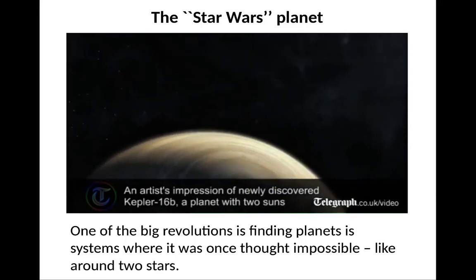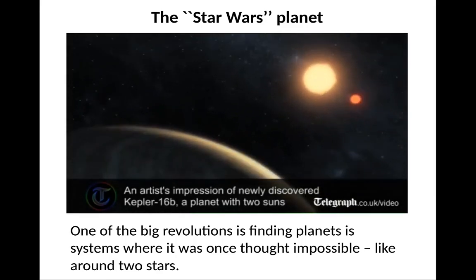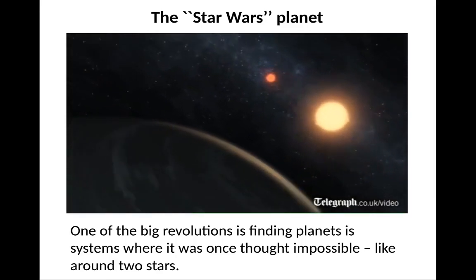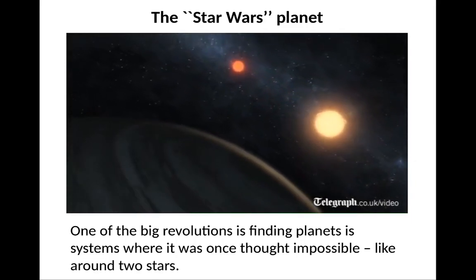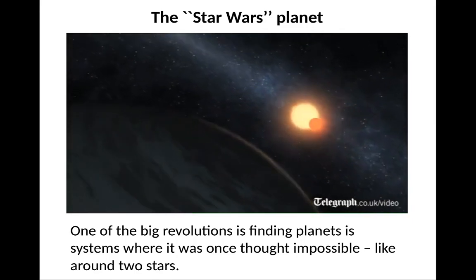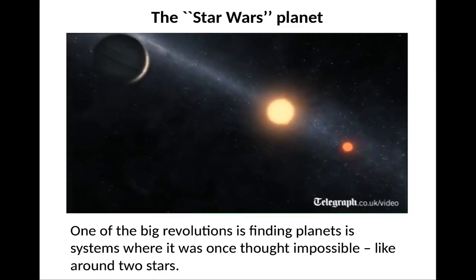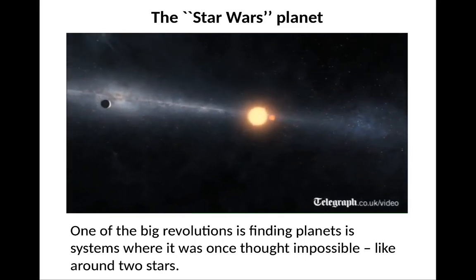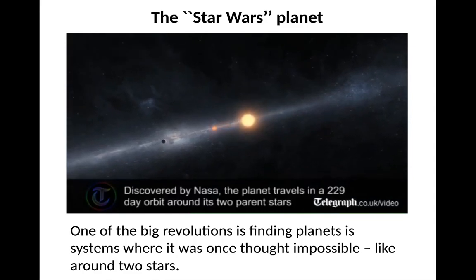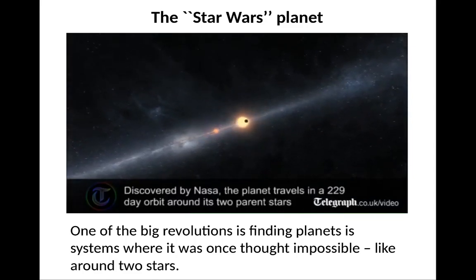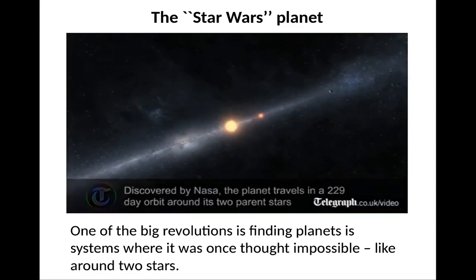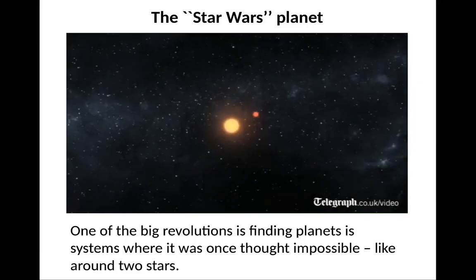Here's planet Kepler-16b, a planet with 2 suns, right? So for you Star Wars fans, this is Tatooine in essence. Now it was initially thought that something like this is unstable, right? But it turns out that if you put the planet far away from both of the suns, you're actually okay.